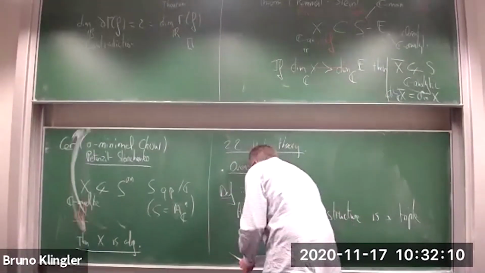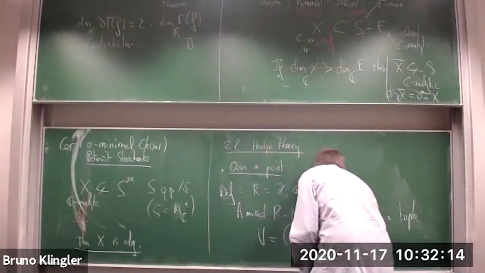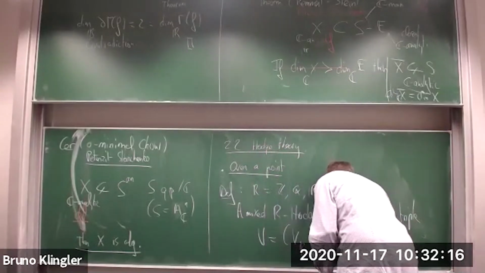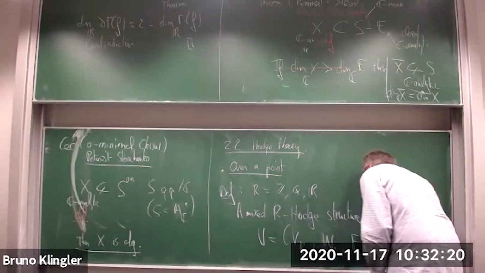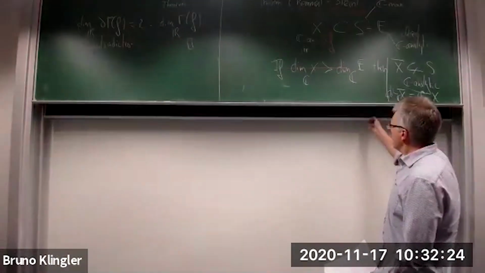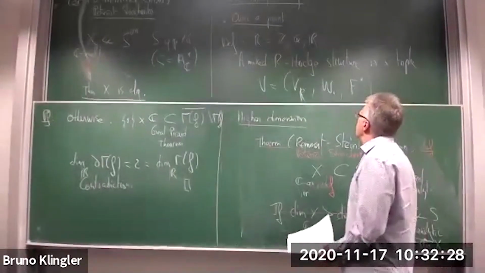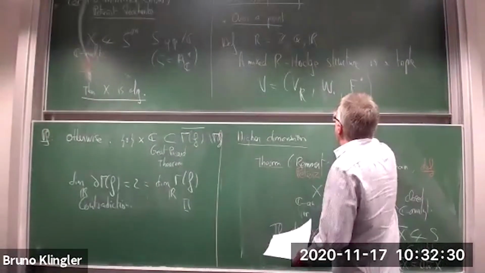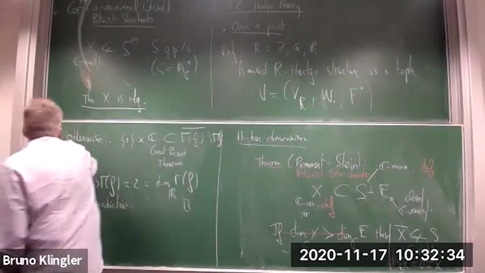I will denote it by V: this is V_R, and then I will have an increasing filtration on V_R and a decreasing filtration on the complexified space, satisfying a certain number of compatibility conditions. So what are those things?